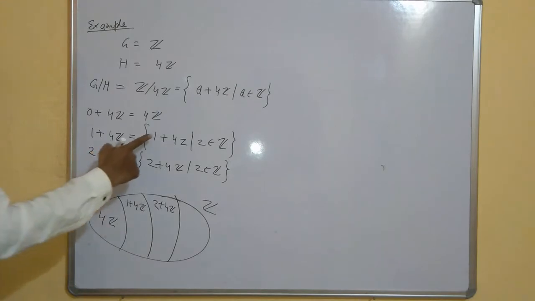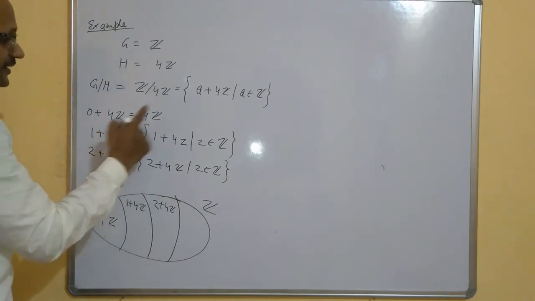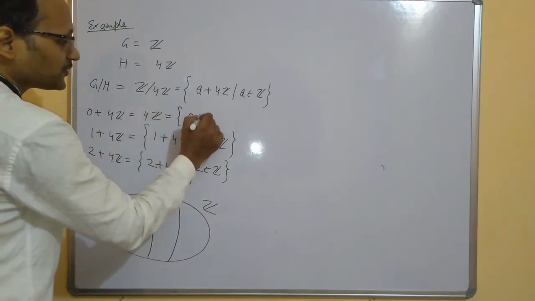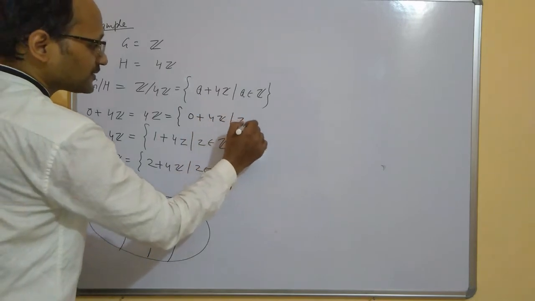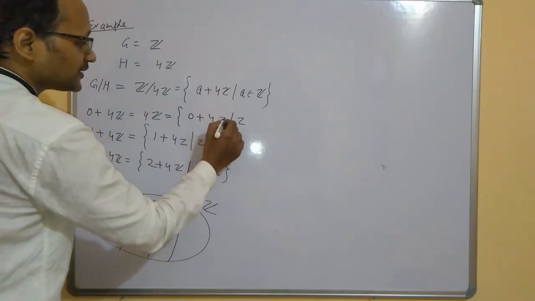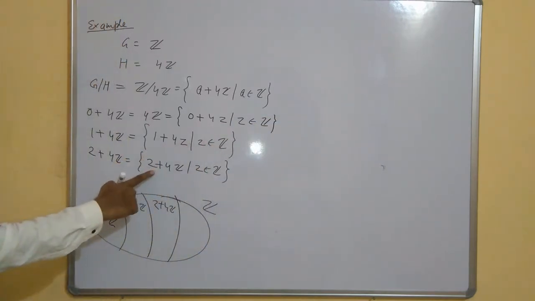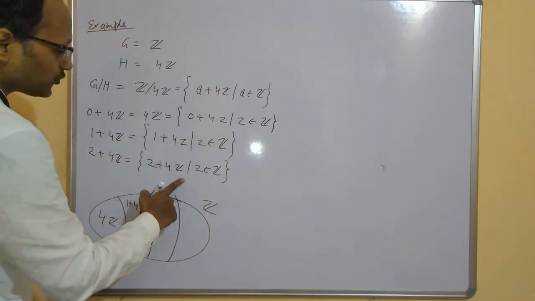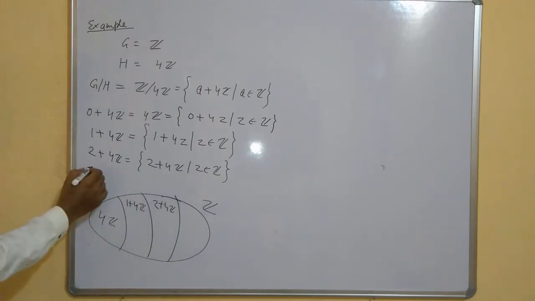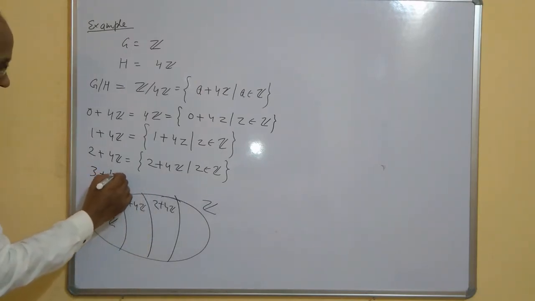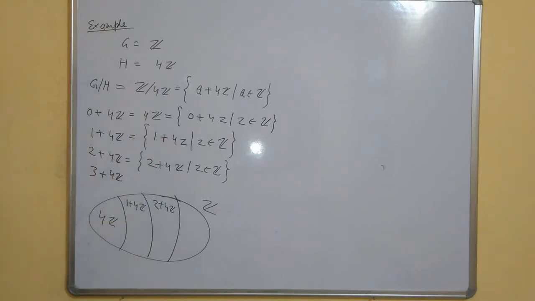Now as you can see, these are the numbers of the form 0 plus 4z such that z belongs to Z, this is the numbers of the form 1 plus 4z, this is the numbers of the form 2 plus 4z, and now you can see that 3 does not belong to any one of these.